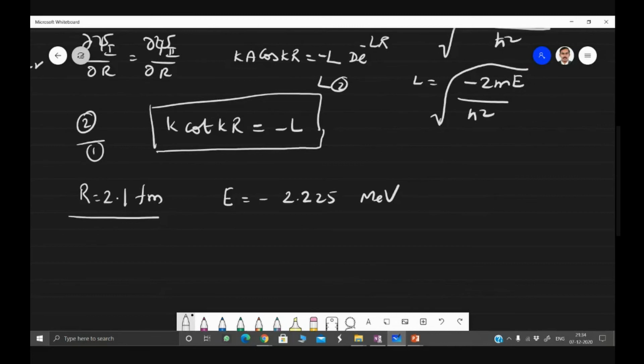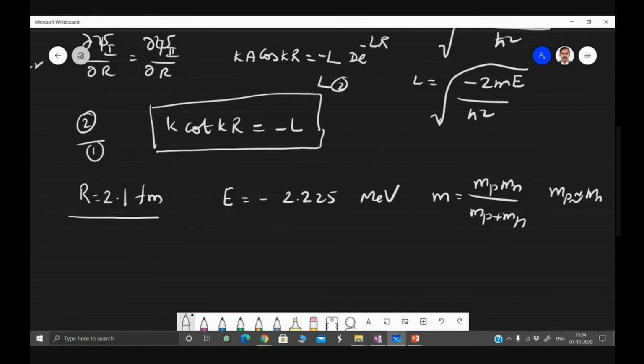Since we are discussing the relative separation R, in relative coordinates, the mass used is the reduced mass of the system. So the M in the above expression is nothing but the product of Mp and Mn in the numerator divided by the sum of Mp and Mn in the denominator. We have only a proton and a neutron, and we can approximate these two masses because they are almost comparable.